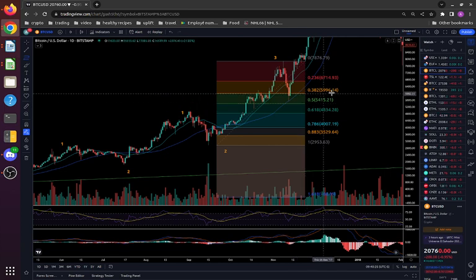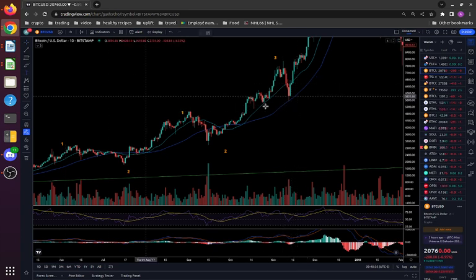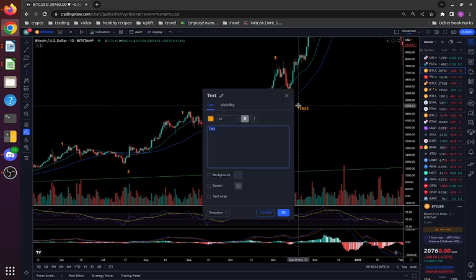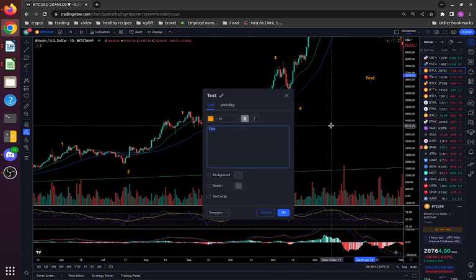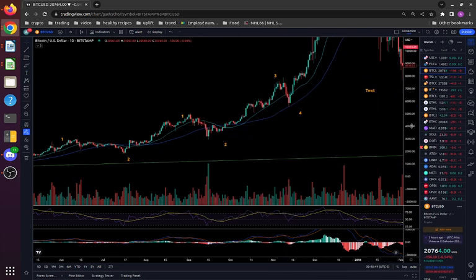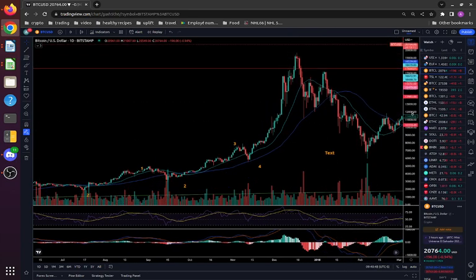Okay, so this is a wave 4 now. Let me label it. So this is wave 4, and now we have a huge spike left.